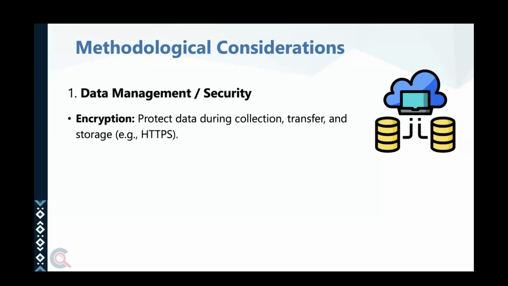Encryption means that you want to ensure that third parties cannot breach the data transfer from your device to the database or the server where you're keeping it. So encryption helps to protect data not only at the collection phase, but in how it's transferred to the database and how it is stored. So you ensure encryption at all levels possible.